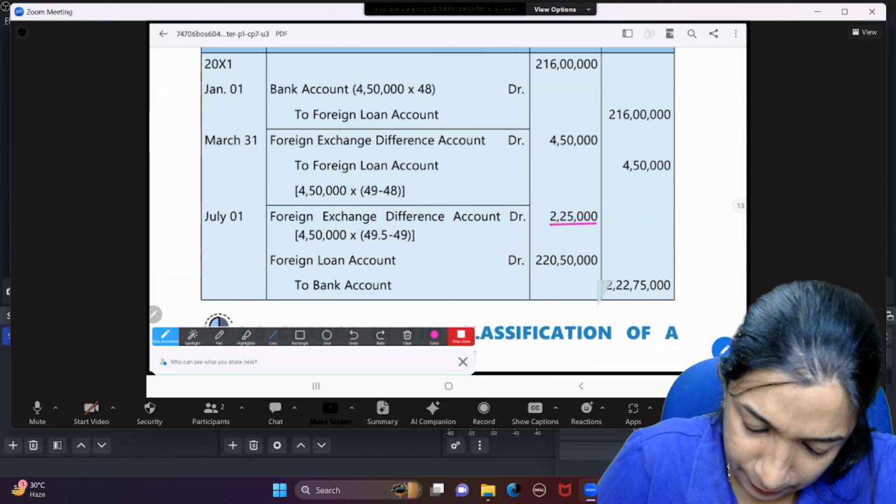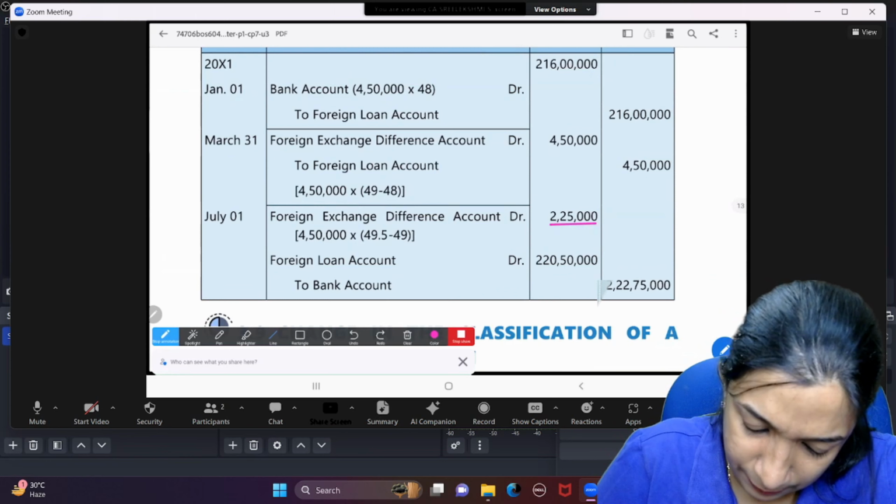Now, say there is a series of transactions, or sometimes it is difficult to identify the rate on the date of transaction. The standard gives you an option to use the average rate of two weeks, maximum 15 days. My transaction was on 12th March, but I don't know the rate on 12th March.